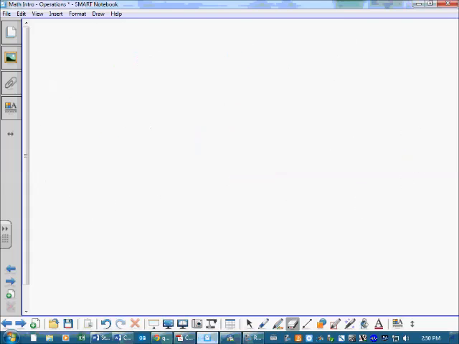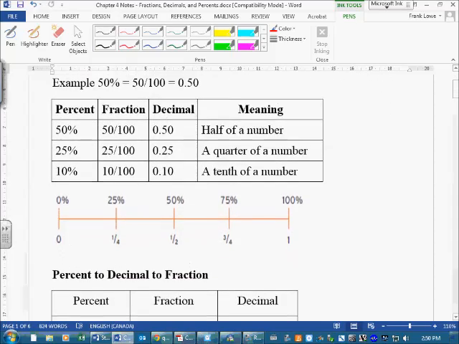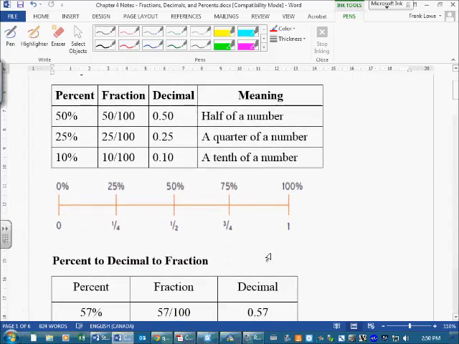Okay, now the main ones that we're going to look at right off the bat are these ones right here: 50, 25, and 10. So let's just kind of go over these. This is just an intro to this stuff. 50%, just like I kind of showed you on the other screen, we can express as 50 over 100.